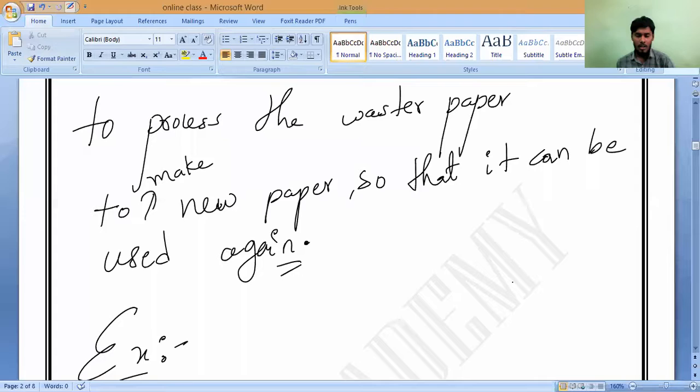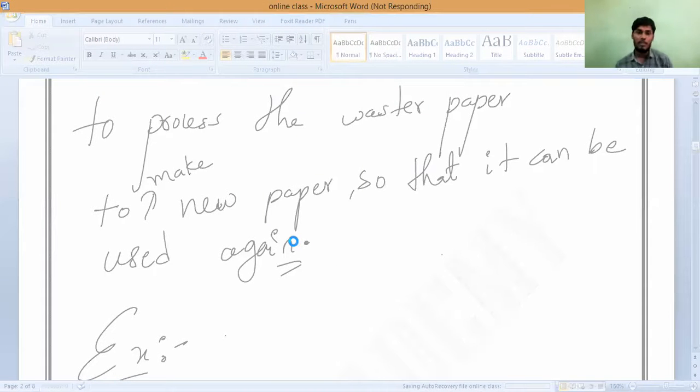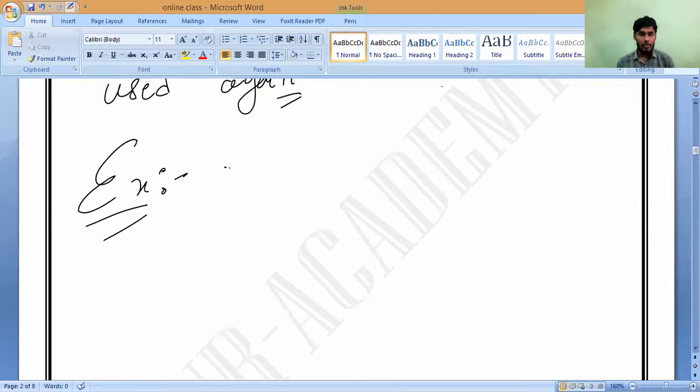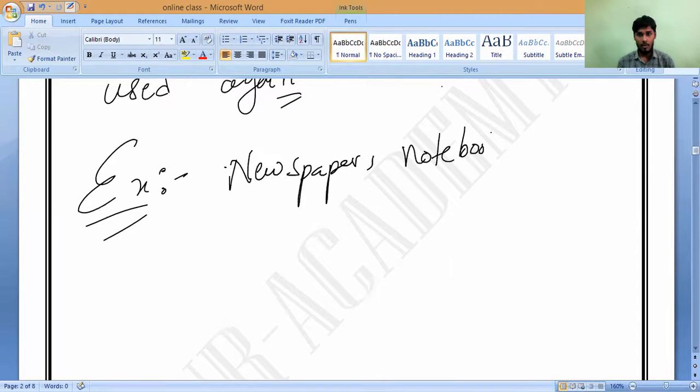So what are the examples, Ra? Newspaper and all, correct? Examples of recycling papers: newspapers, rough notes, notebooks, textbooks, magazines.